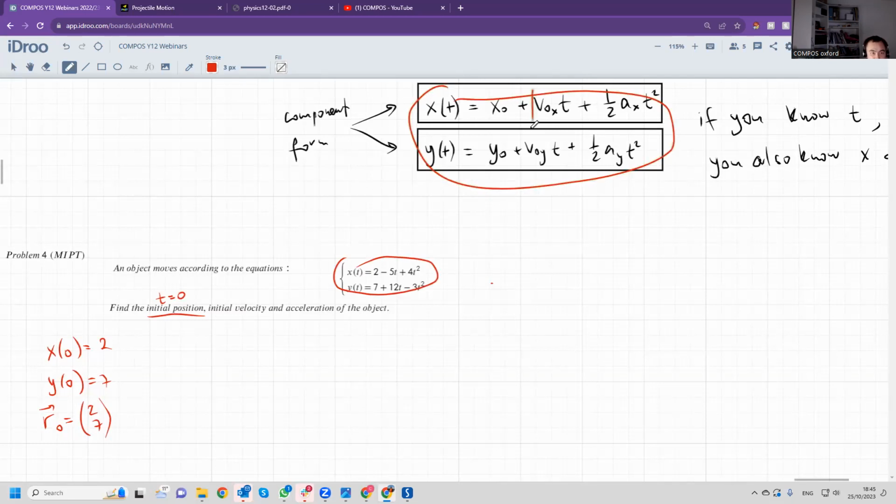The initial velocity, that's this one. The initial x velocity is -5, and the initial y velocity is 12. So the initial velocity is the vector (-5, 12).